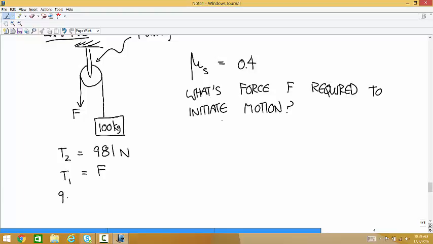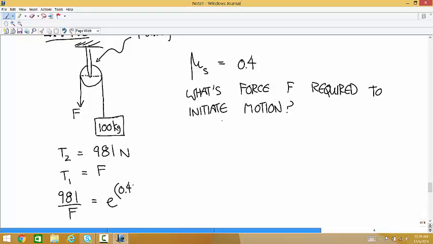And so 981 over T1, or I'll write it as F, is equal to e to the power of 0.4 times, what's the angle, beta?